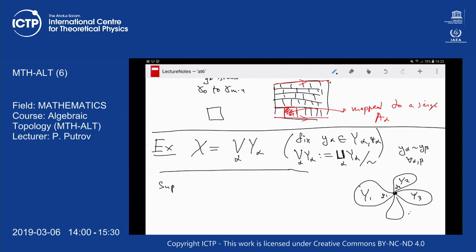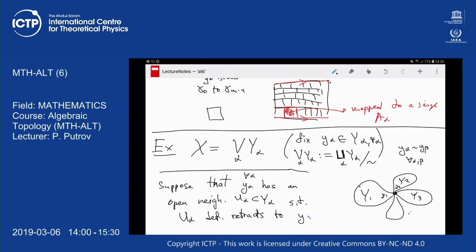We want to suppose that for any alpha, Y alpha has an open neighborhood U alpha in Y alpha such that U alpha, this open neighborhood, deformation retracts to the point itself.